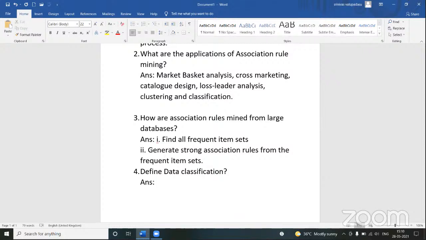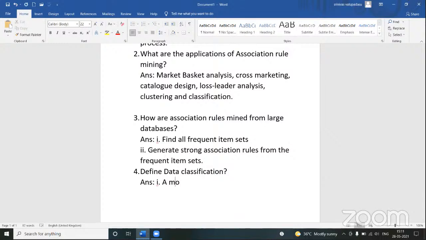Data classification is again a two-step process. The first step is a model is built describing a predetermined set of data classes or concepts, and the second one, the model is used for classification. In this way we can classify the data.